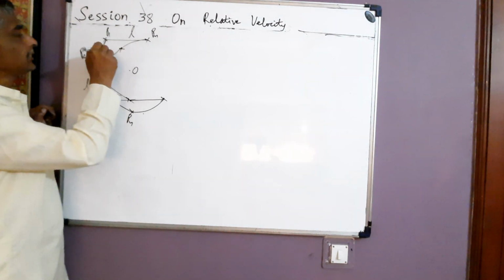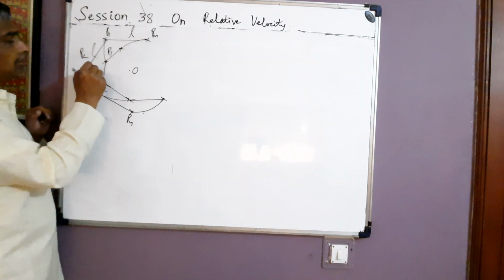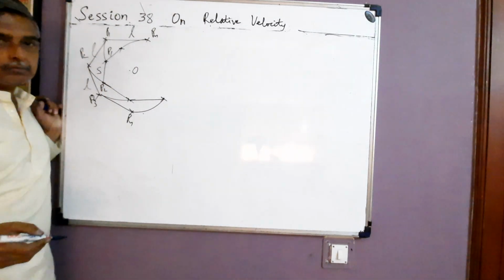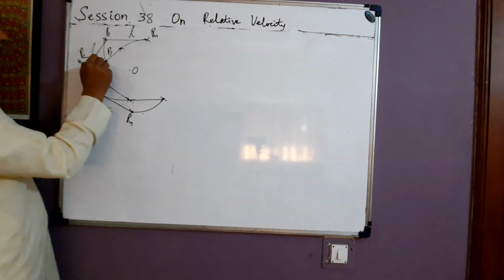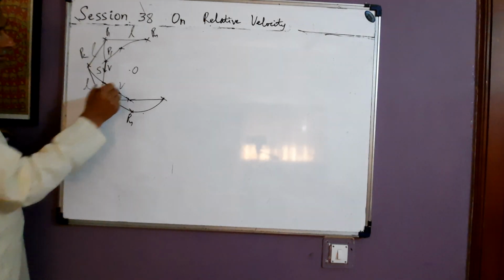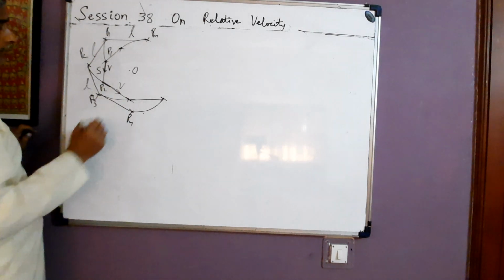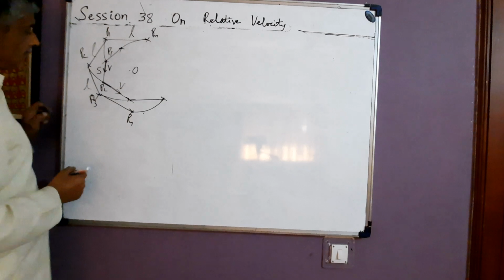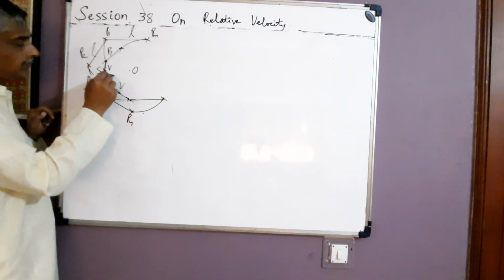So P1 has come here, P2 has come here. Suppose s is the side length of the polygon. Now velocity of P1 is towards P2, velocity of P2 is v, that is towards P3, and so on. Now this angle alpha we can determine.